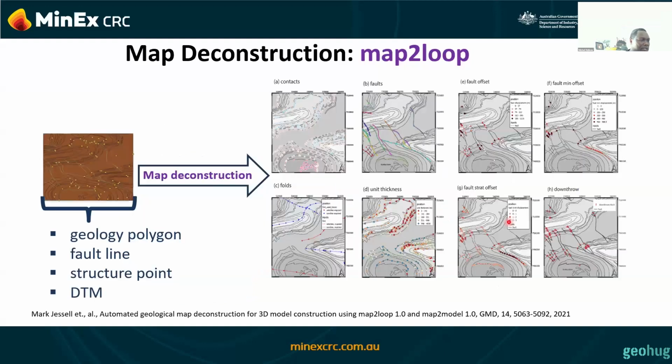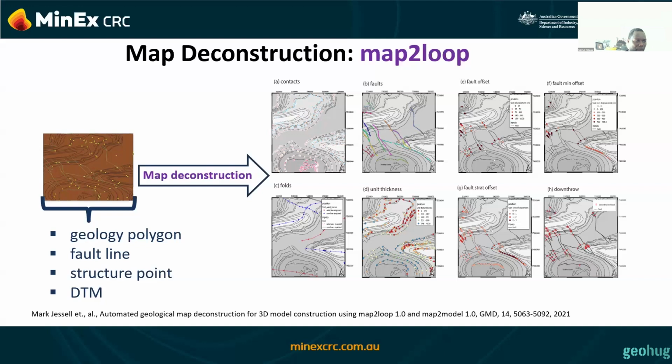So this is the output. On the right-hand side, we have a subset of what the output looks like if you run Map2Loop. On the left-hand side, you have four layers: geology polygon, fault line, structure point, and the digital terrain model, which you need to run into this engine so that it produces this subset, for example.